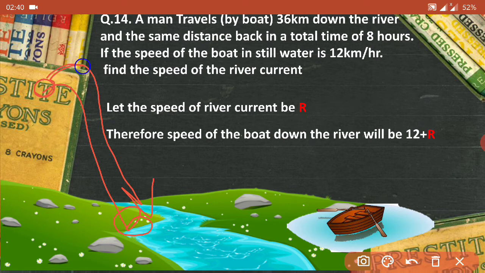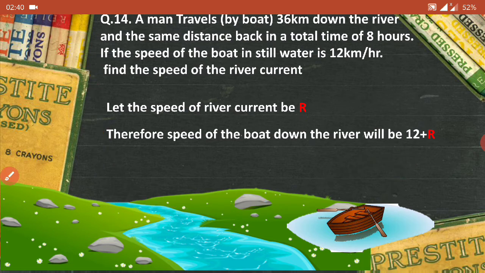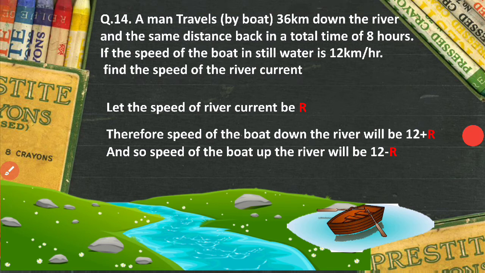That's the reason I'm adding: 12 plus r. And the speed of the boat up the river, that means I'm moving against the flow of the river current, will be 12 minus r.